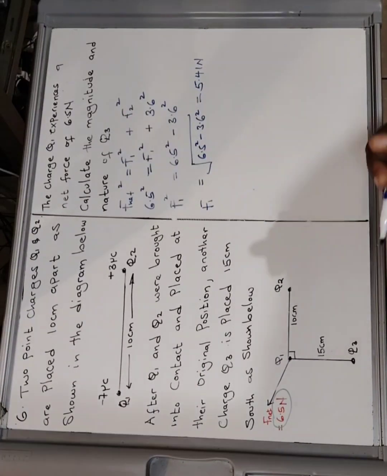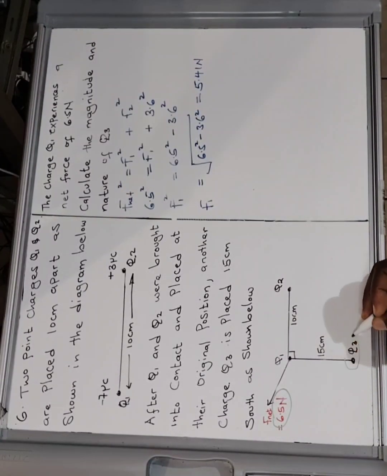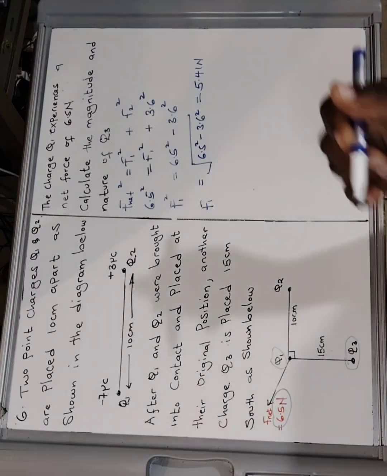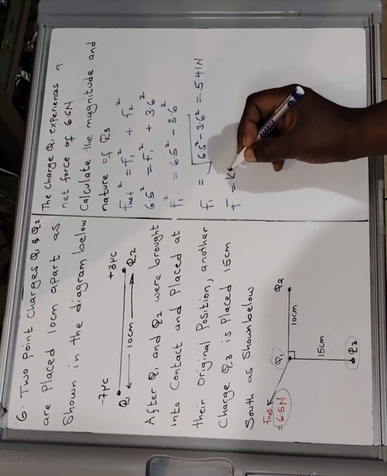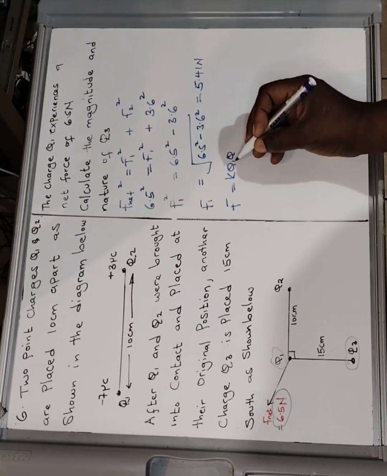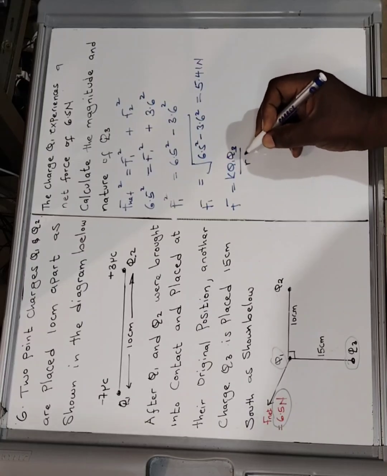We have to remember that F1 is the force between Q3 and Q1. And it is repulsive, that one we know. So what do we do after getting F1? We apply Coulomb's law, which says that F is equal to KQ1Q2 over R squared. For this case, it's going to be Q1, Q3 over R squared.